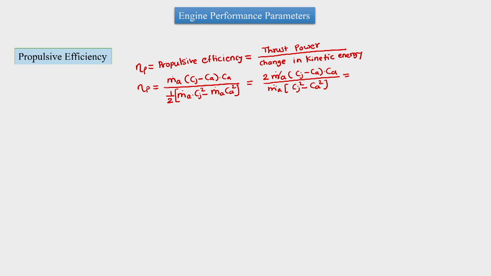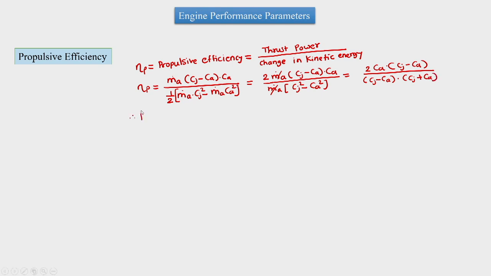Further, m dot A can be cancelled, and then we have Ca into (Cj minus Ca) divided by Cj square minus Ca square. The denominator can be written as (Cj minus Ca) into (Cj plus Ca).